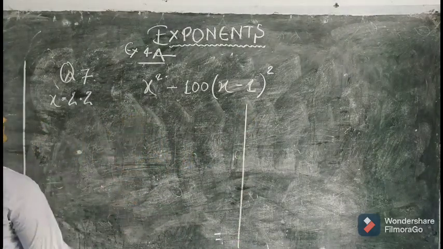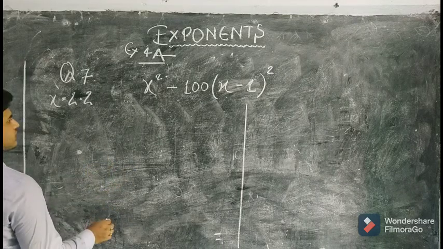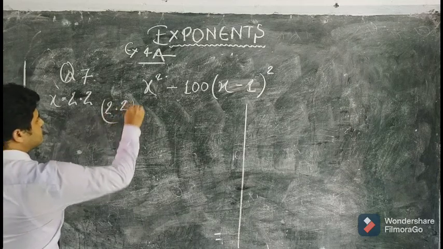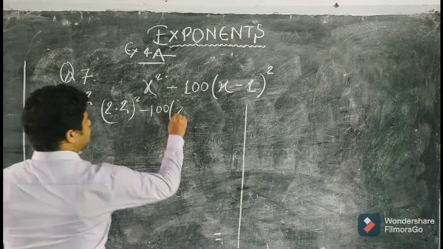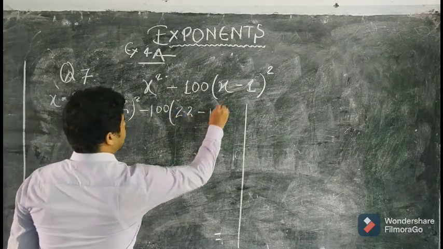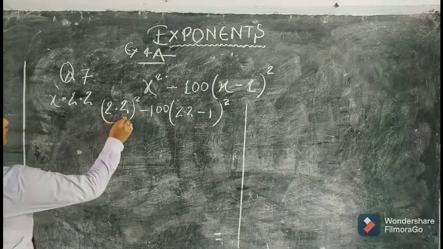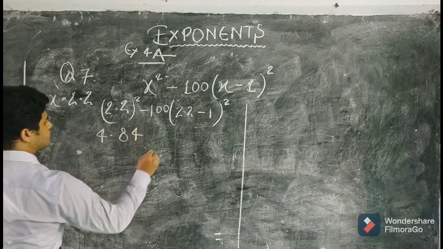In both of the ways, first you have to put the value 2.2 at the place of x. So 2.2 square minus 100, 2.2 minus 1 whole square. 2.2 square is 4.84.